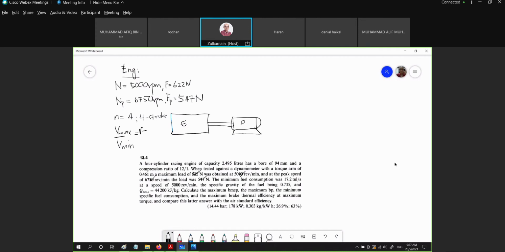This is the compression ratio, given as 12 over 1. Okay, what is 2.95 liters? This one. What is that?